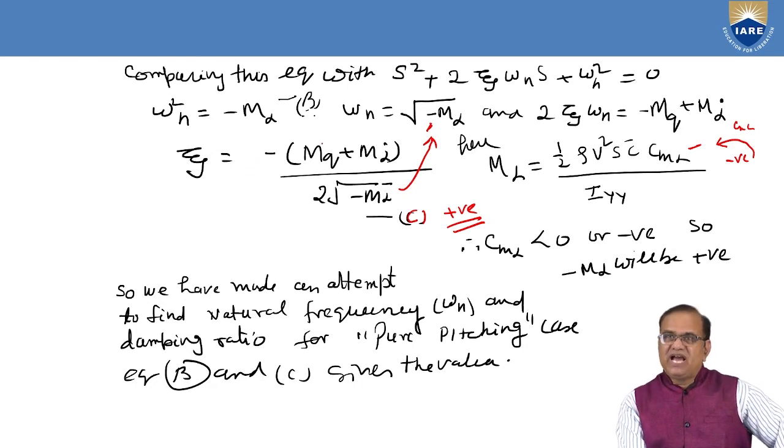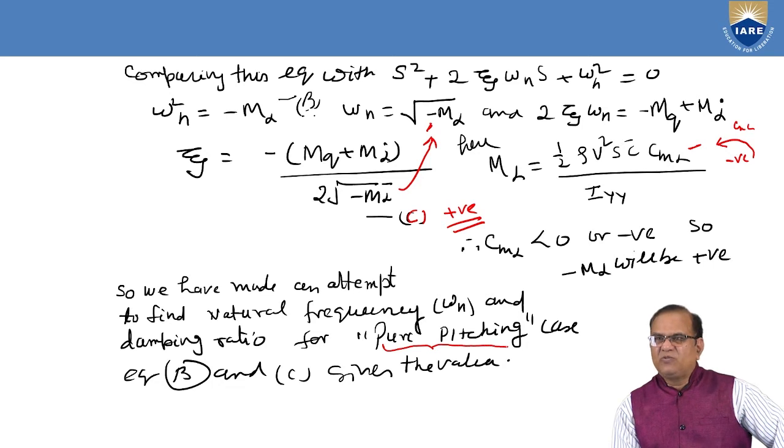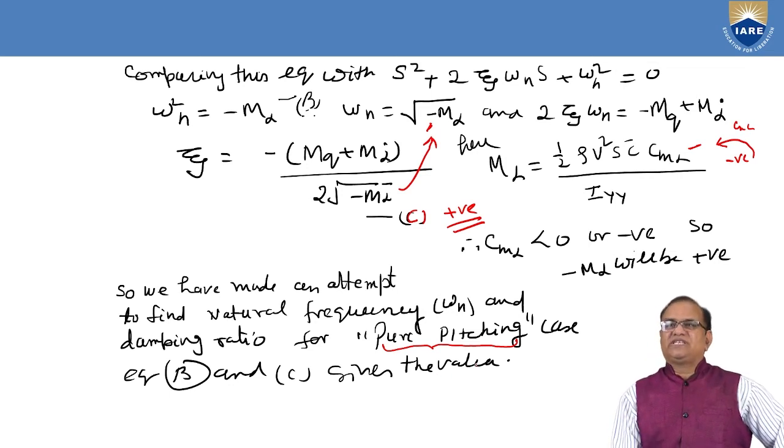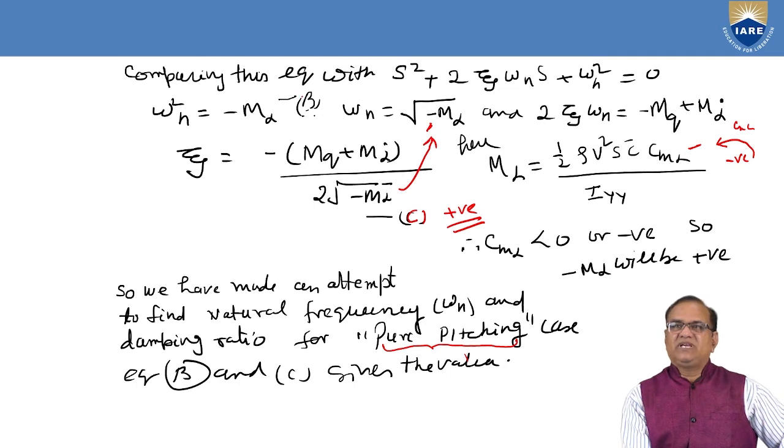So by this omega n and zeta, we have made an attempt to find the natural frequency omega n and damping ratio for the pure pitching case. For the pure pitching case, equations B and C give the values. This is equation number B, and this is equation C. So we have found out omega n and zeta.